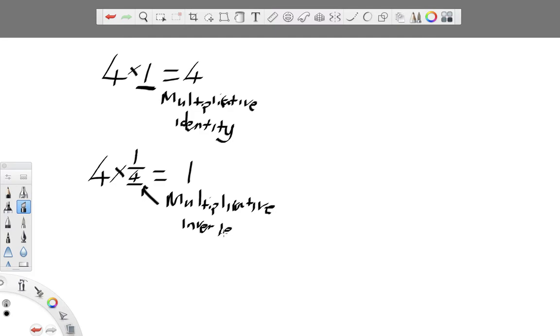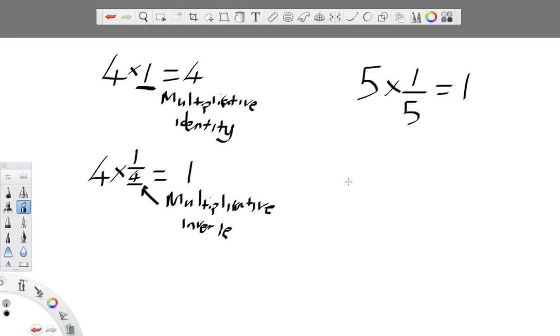So what have I done there? I've taken a number, timesed it by its multiplicative inverse, and I've ended up with the multiplicative identity. So let's have a look at another number. If I had 5, if I times that by its multiplicative inverse, I would times by 1 over 5. And then 5 times 1 over 5 would just leave me with 1, which is the identity.